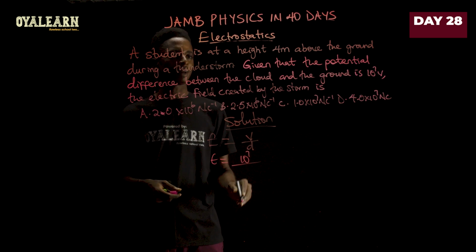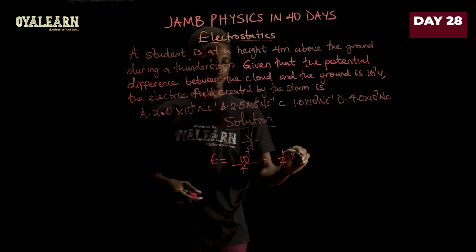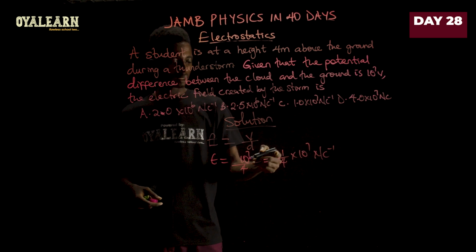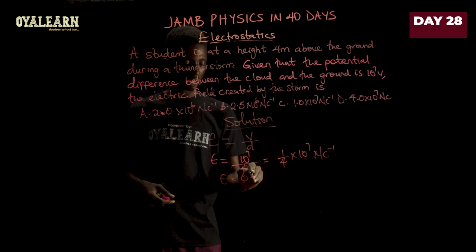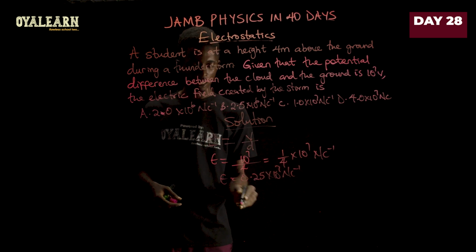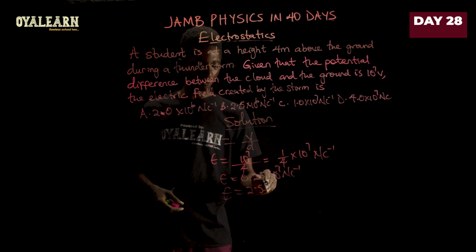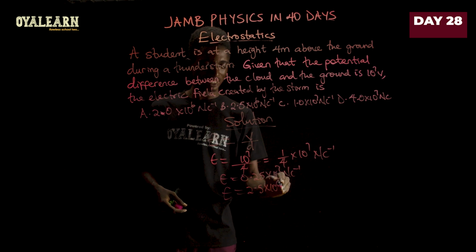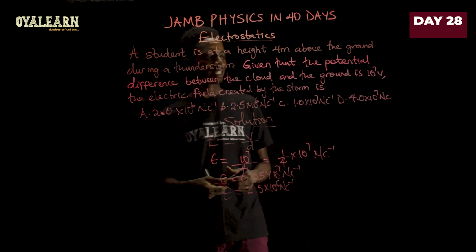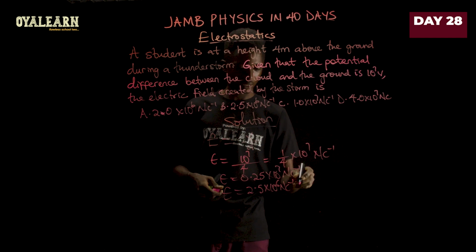Now we divide that by 4. Basically what we have here is 1 over 4 times 10 raised to the power 7, and it is in Newton per coulomb. Now this would give you 0.25 times 10 raised to the power 7 Newton per coulomb. So we can then bring this to be 2.5, then you subtract 1 from the power and say times 10 raised to the power 6 Newton per coulomb. So the correct answer here is therefore option B.